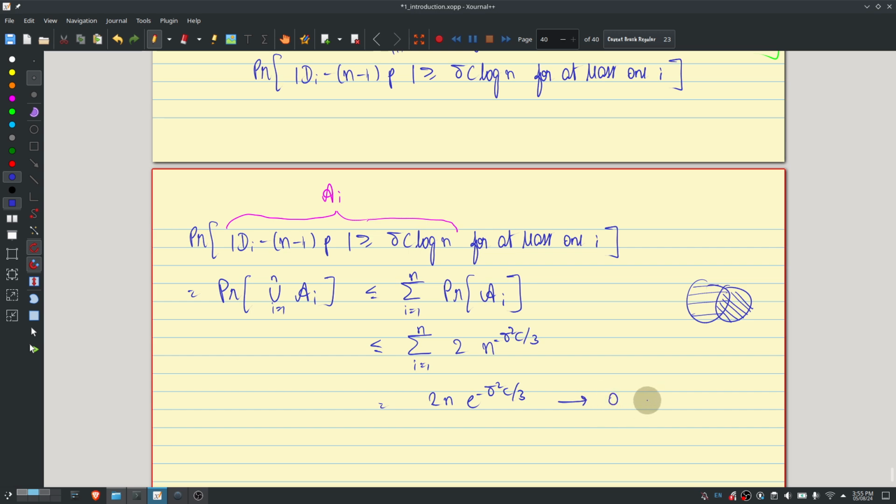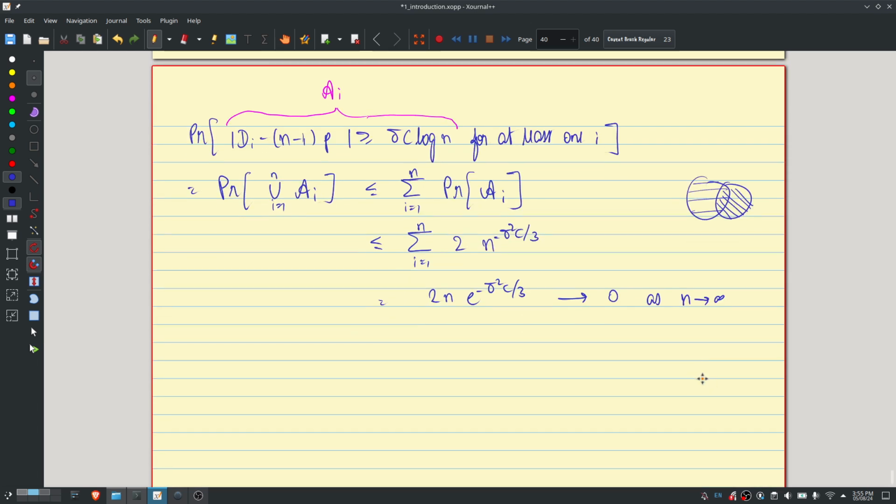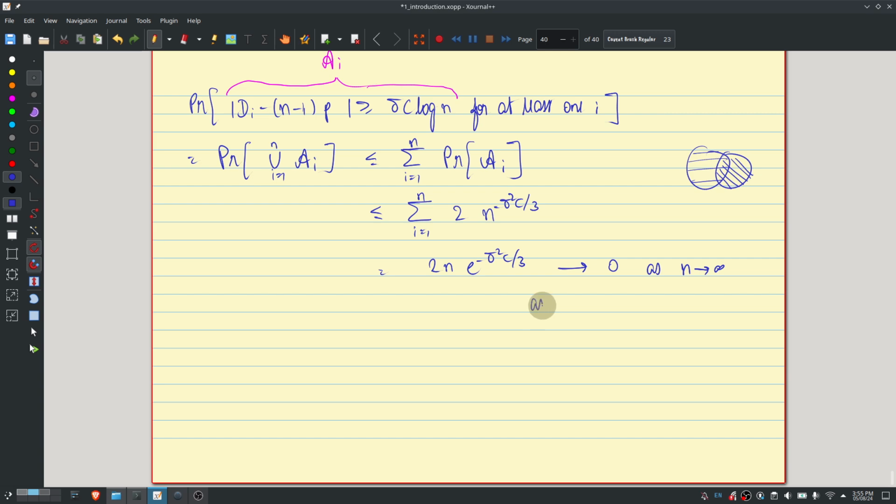And this quantity tends to 0 as n tends to infinity, as long as delta square c divided by 3 is strictly larger than 1, because I also have an n here.